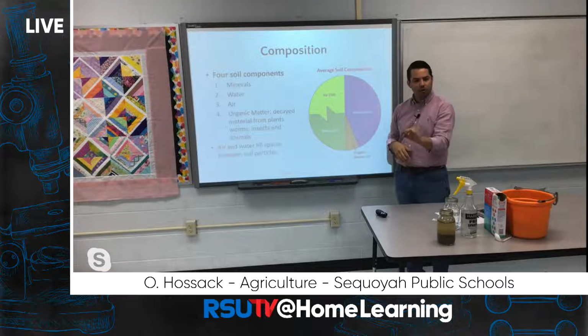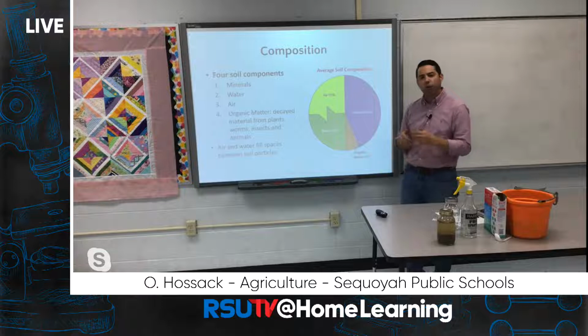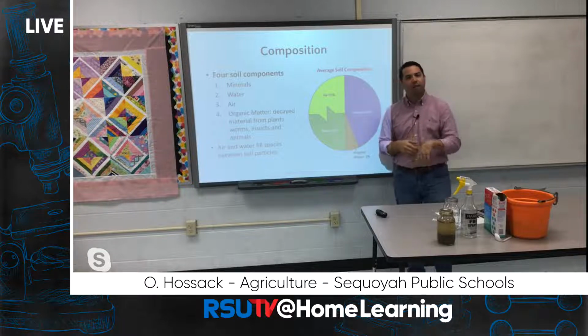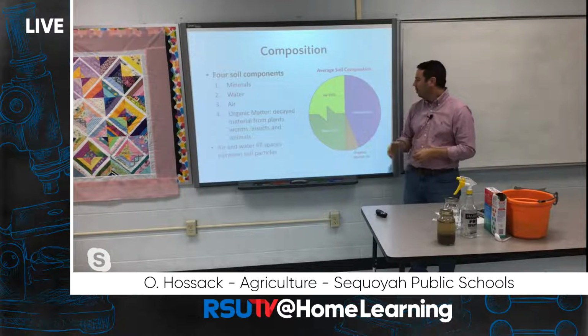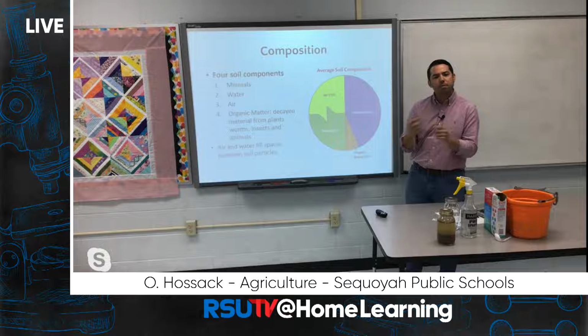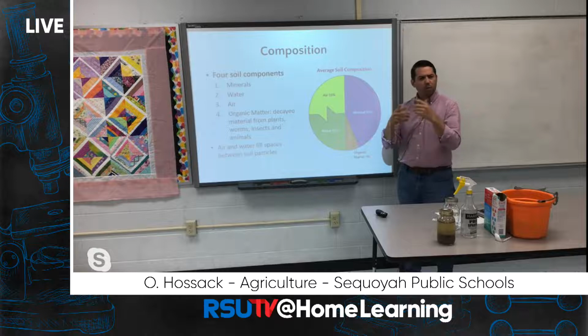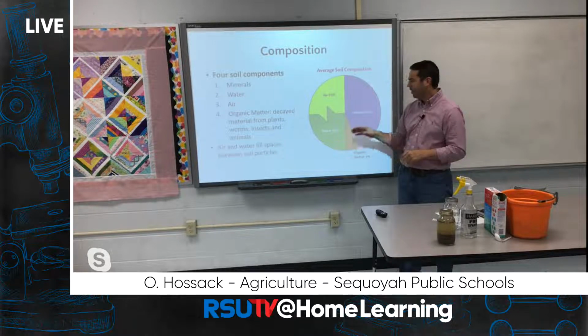Probably the most important, but also the smallest of the different components is going to be organic matter. And that's going to be about 5% of the total composition of the soil. What that's going to be composed of is decayed material, whether that's animals, leaves, microbial activity, all those kinds of things.